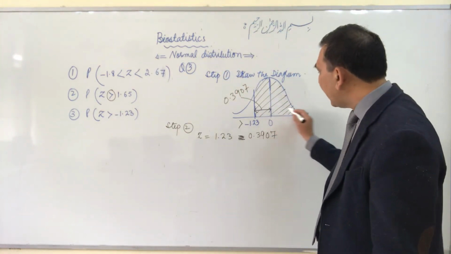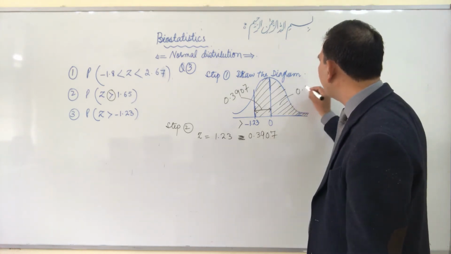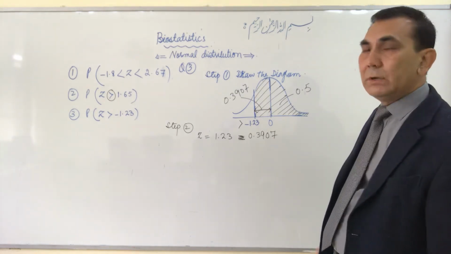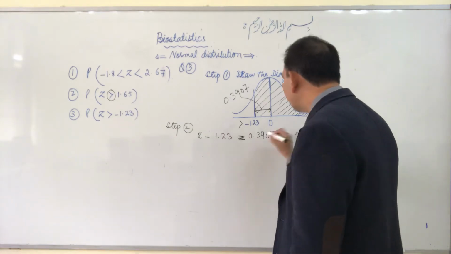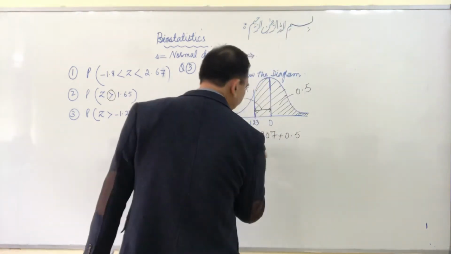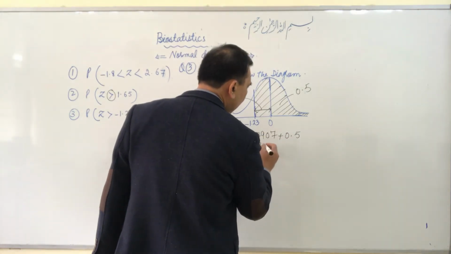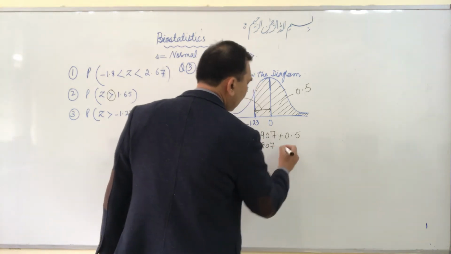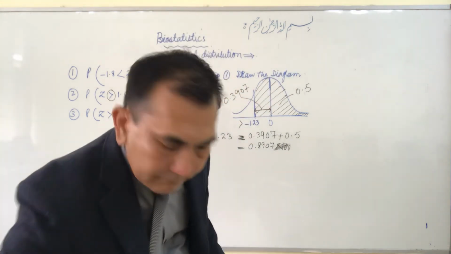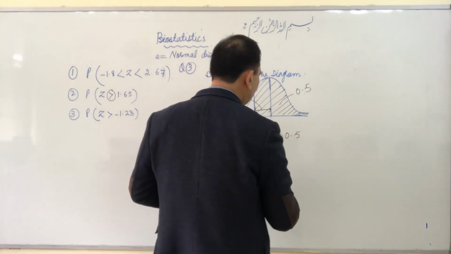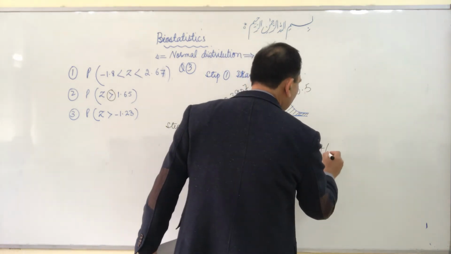The area from 0 to the left end is 0.5, so we add 0.5 to this value. 0.5 plus 0.3907 is 0.8907. If we multiply by 100, it is 89.07%.